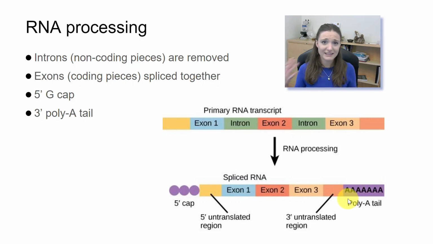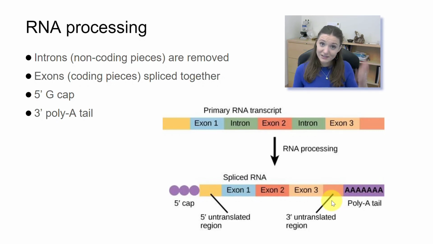We have enzymes in our cytoplasm that are constantly zooming around, breaking down RNA, because we don't want this RNA to stick around forever. We need to reuse these nucleotides, and in a day or two we might not need this protein anymore. So this poly-A tail basically extends the lifetime of this RNA molecule, so it can hang around at least long enough to be used to build that protein.